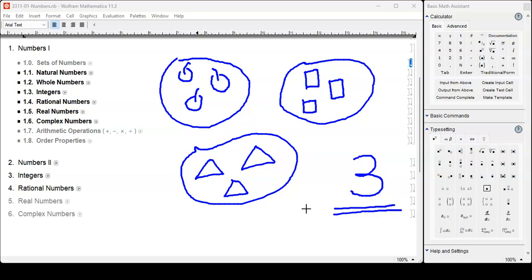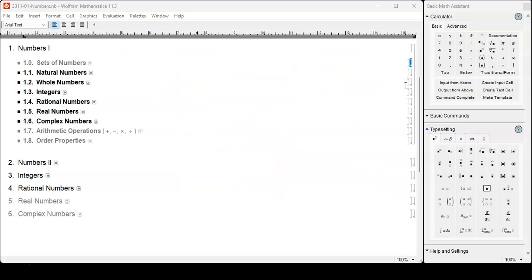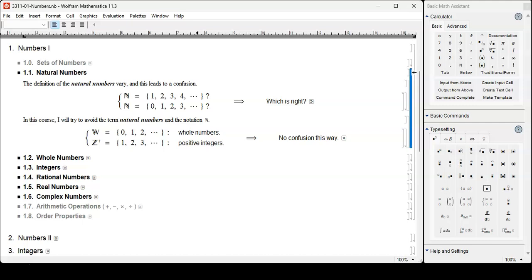Okay, let's get out of this graphing mode and resume to the next subsection here. First question, what do you mean by the set of natural numbers? Well, I'm not going to begin from the natural numbers because there is a bit of a confusion here. The definition of the natural numbers varies depending upon what part of the world you're educated.